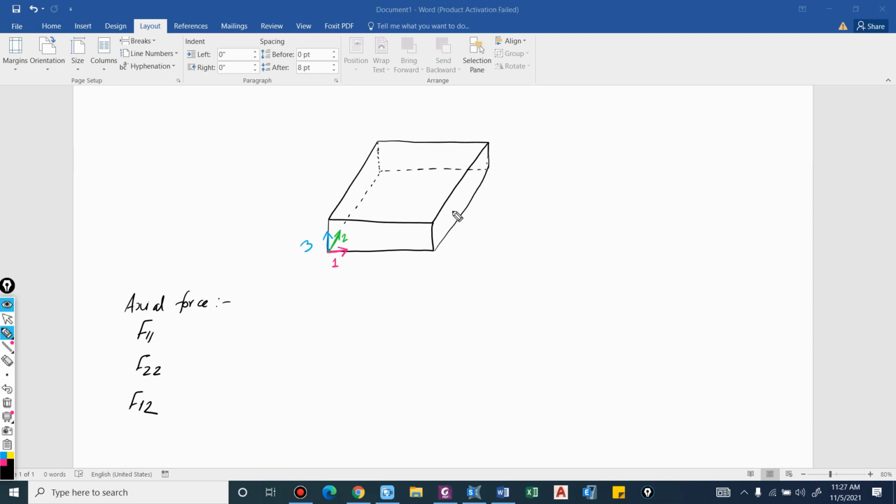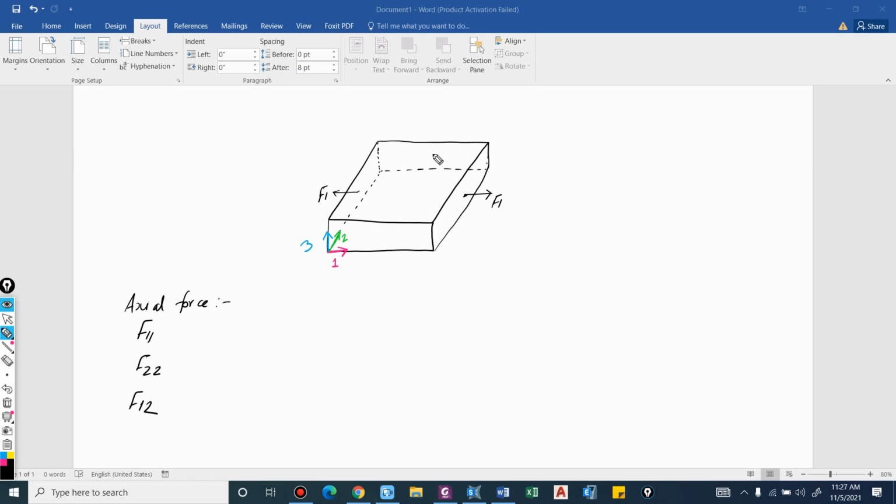Now as I said, F11 being force along direction 1. From this face it will act in this direction. So this is F1, that is along axis 1, and it will be F1 in this direction as well, but in another direction. Either that can be compressive or tension.